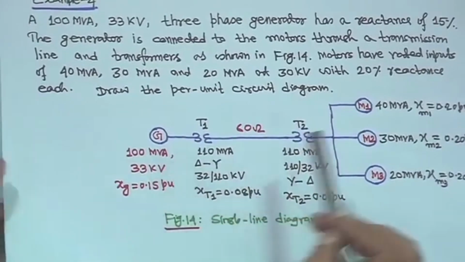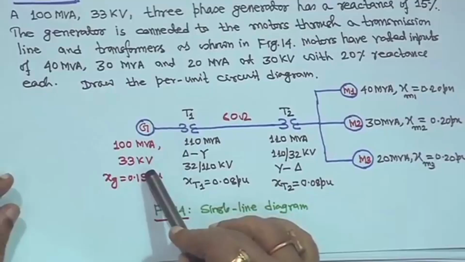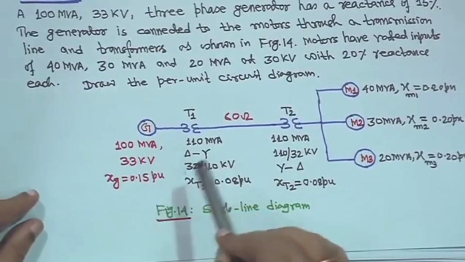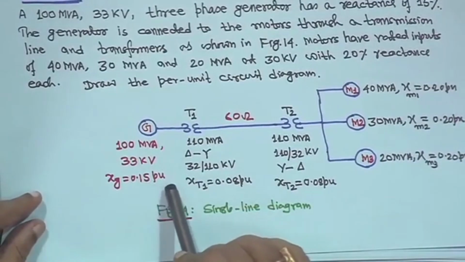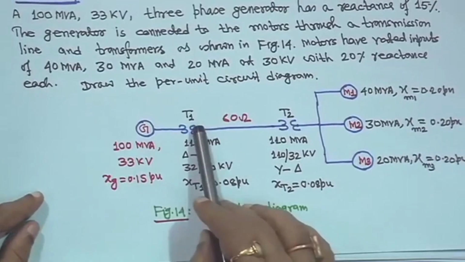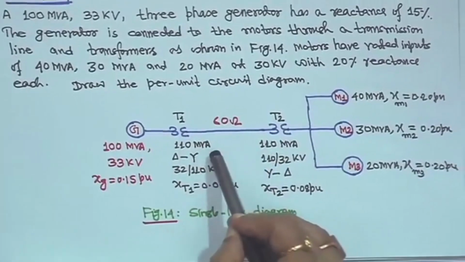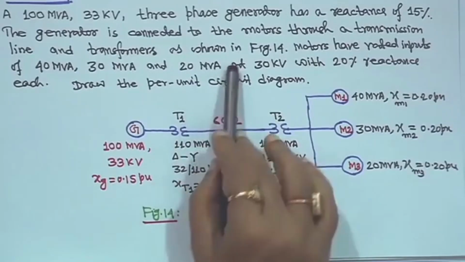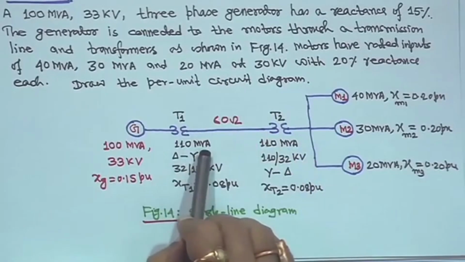That means you have a generator, 100 MVA, 33 kV, and Xg is equal to 0.15 per unit is given. Then transformer T1 is there, it is a 110 MVA transformer. The rating is not mentioned here, but here it is mentioned 110 MVA.